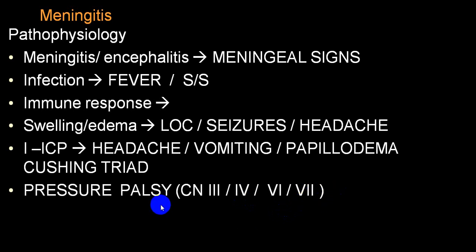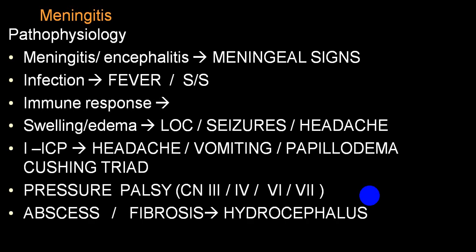But olfactory can be involved because of increased pressure in the anterior cranial fossa, and the optic nerve may be involved because of inflammation around the optic nerve in case of meningitis.